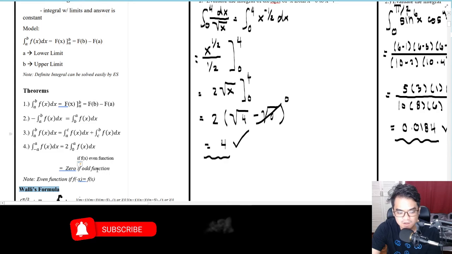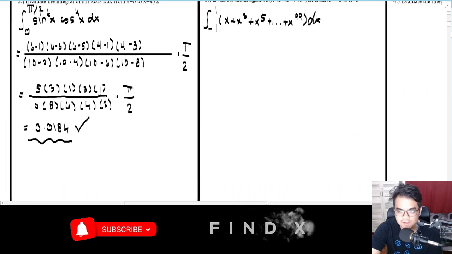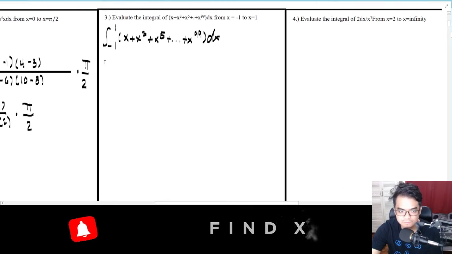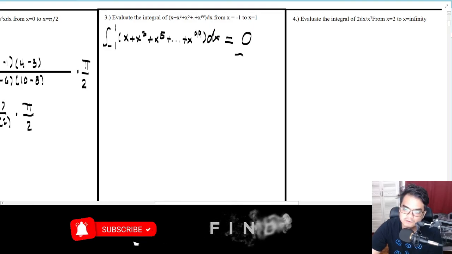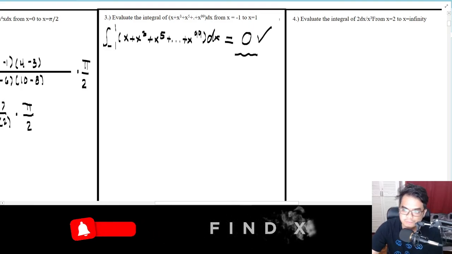If it's an odd function, that will be equal to 0. As you can see, this is an odd function, so this is really easy. The value of this one is just 0. That will be your answer.